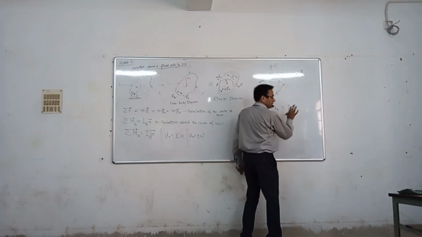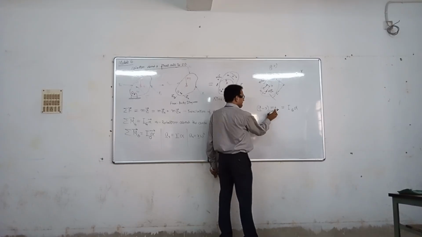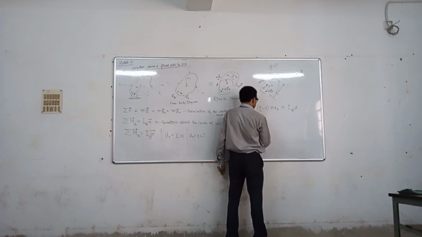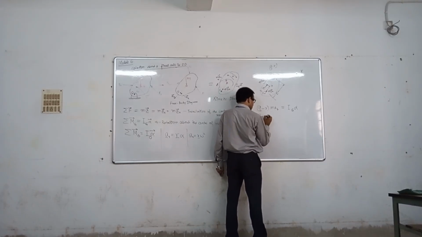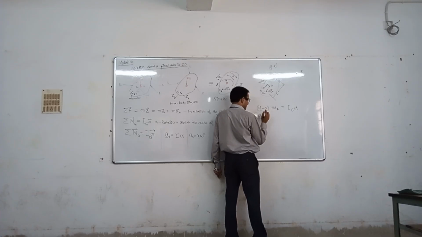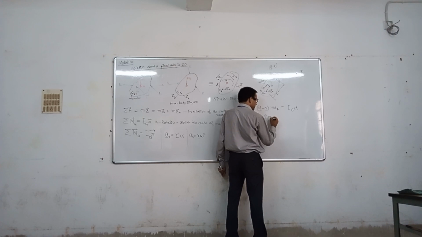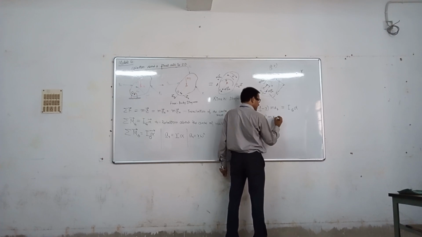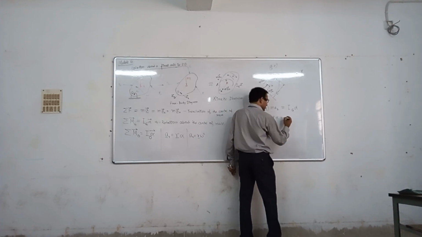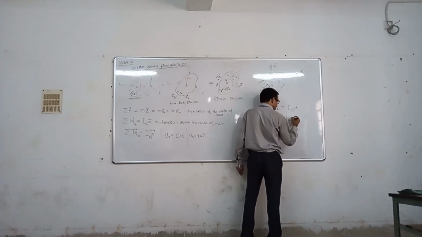So Ig alpha. Now I can write AT is equal to r bar alpha. So q minus r bar. Remember, this is r bar. q minus r bar multiplied by mass into acceleration, that is r bar alpha, is equal to Ig alpha.